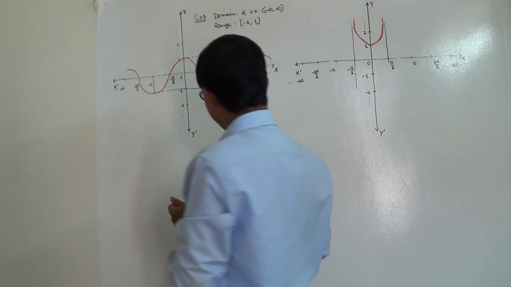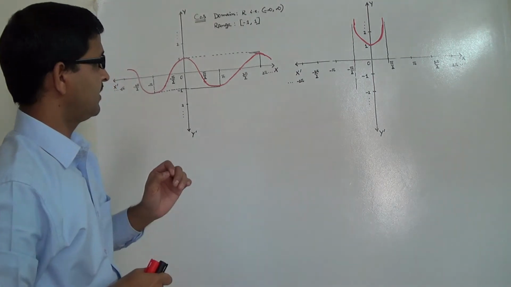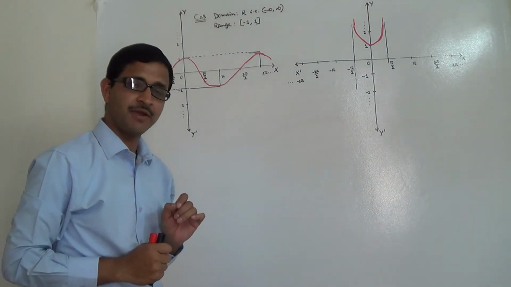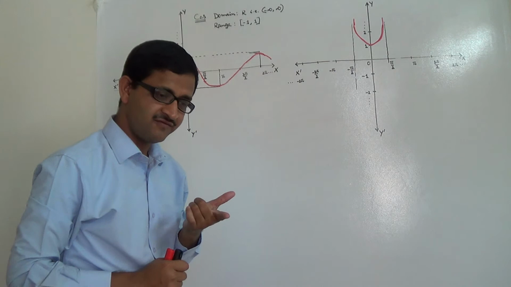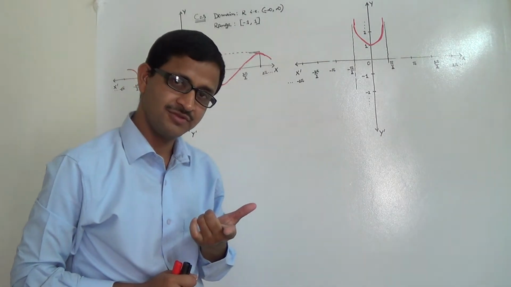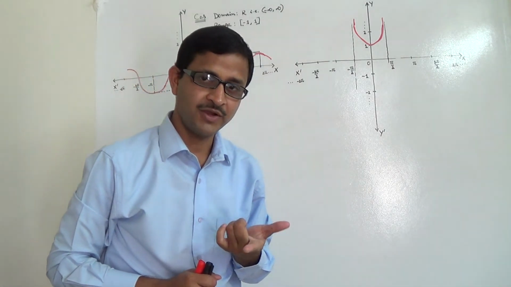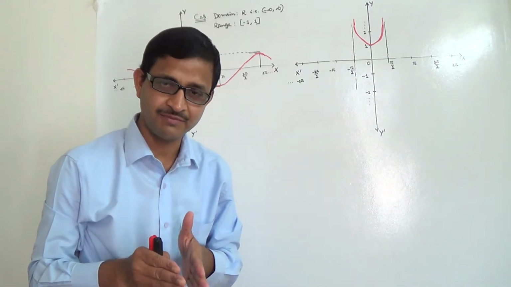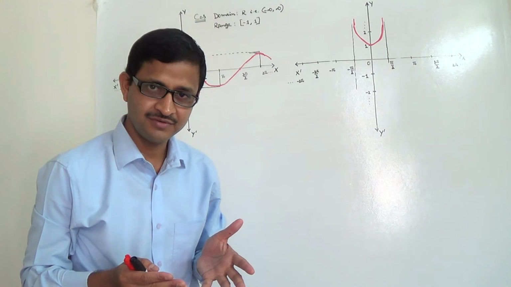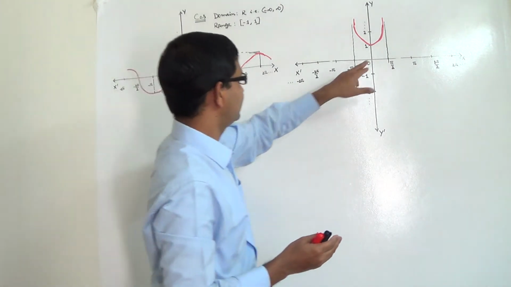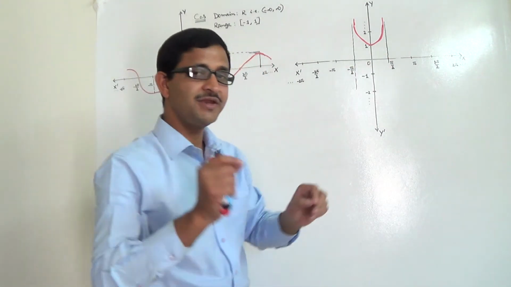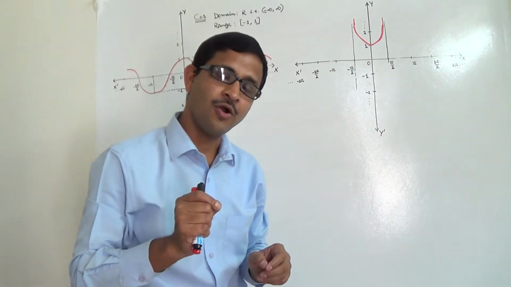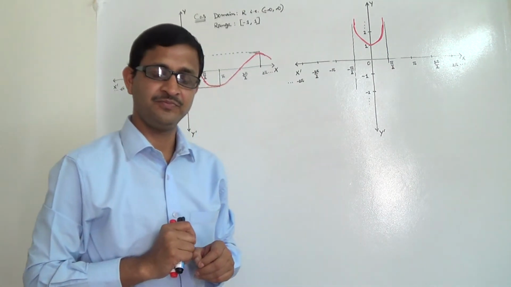The point is, why can it not touch the points pi by 2 and minus pi by 2? What is the value of cos pi by 2? It is 0. So what is the reciprocal of this 0? It means 1 by 0, which is the value of sec pi by 2, and it is not defined, right? As it is not defined, we really cannot find the value of sec pi by 2.